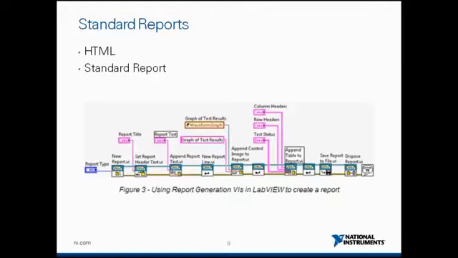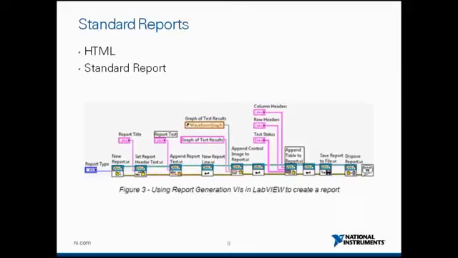So we start by making a new report with the New Report VI. Thereafter we have the Set Report Heading Text VI, the Append Report Text VI, the New Report Line VI, Append Control Image to Report VI, Append Table to Report VI, Save Report to File VI, and Dispose Report VI, and then finally a simple error handler.